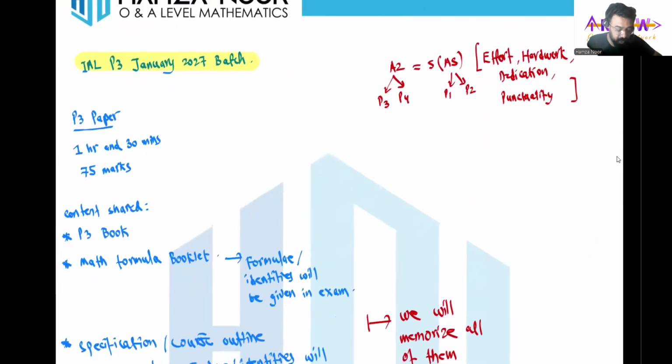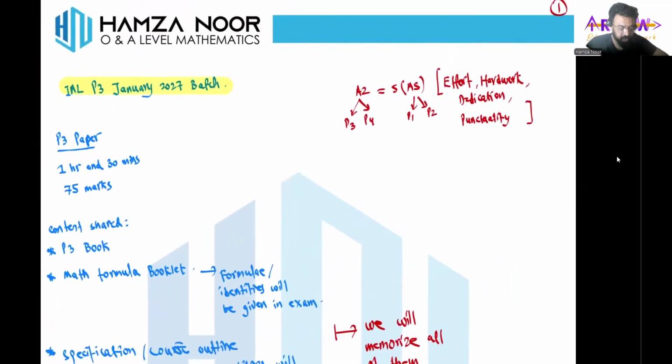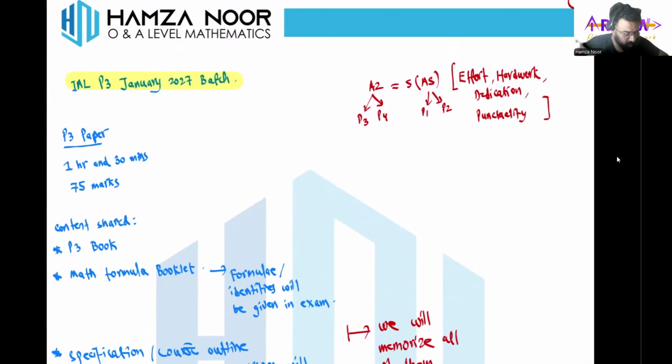As you already know, all of the components in International A-level Edexcel Math are of 75 marks, irrespective of whether it is P1, P2, P3, P4, M1, S1, S2, etc. Every component is 1 hour and 30 minutes.